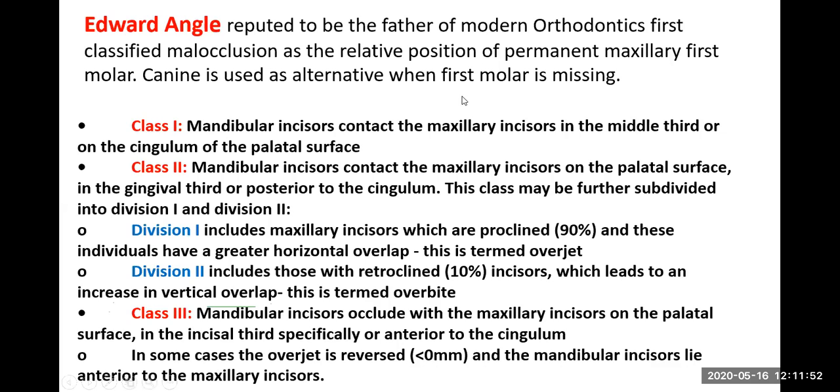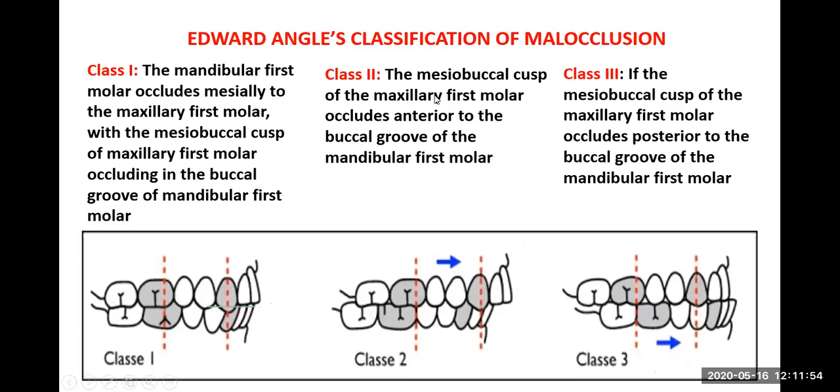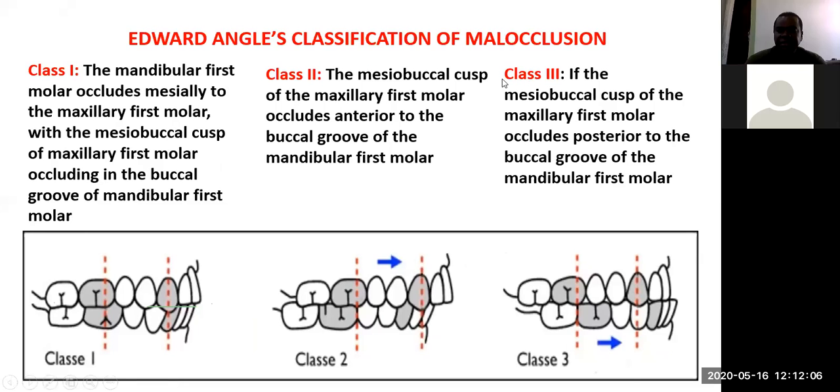But this will become clearer to you as we go along. So this is Edward Angle's classification of malocclusion. You can see the picture there, the class 1, the class 2, the class 3.